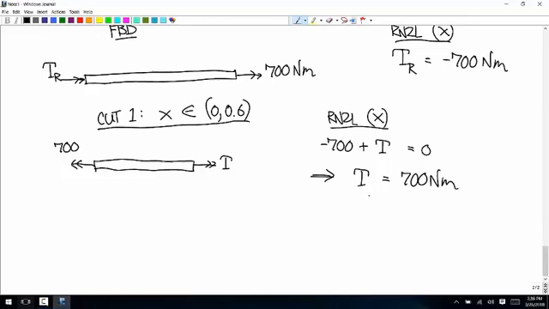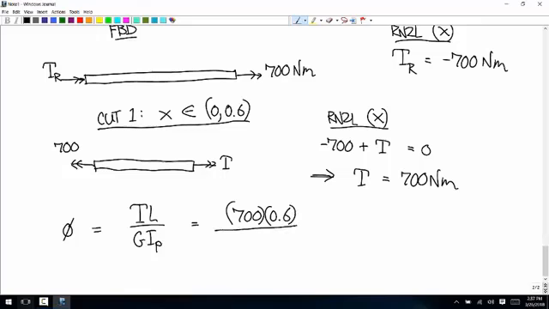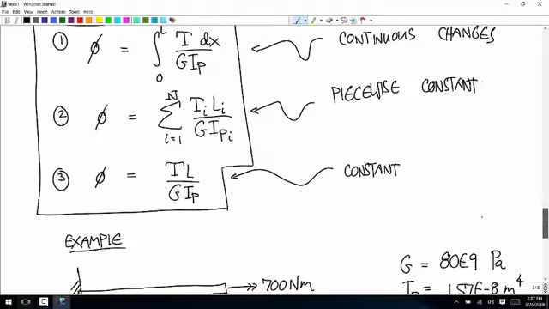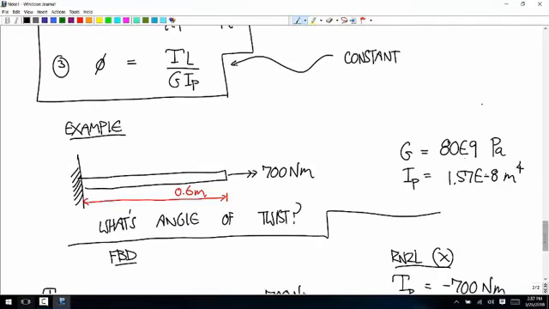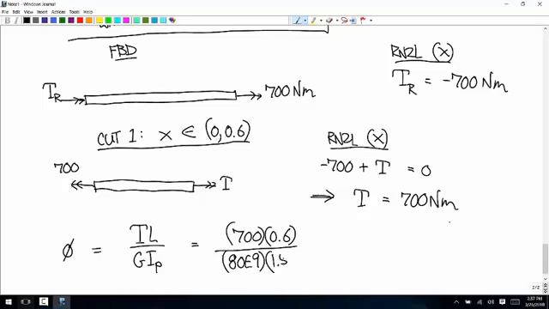Since this internal torque is uniform over the whole thing, our angle of twist is just going to use this formula, T times length over G I sub P. And so that's 700 times 0.6 divided by 80 times 10 to the 9, and then I sub P, 1.57 times 10 to the minus 8.